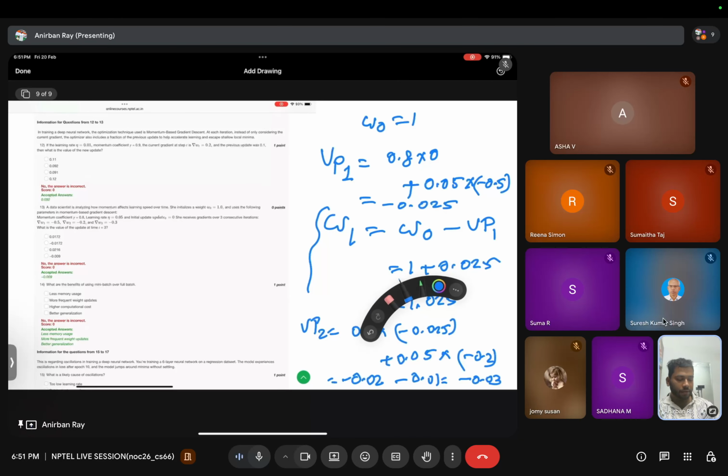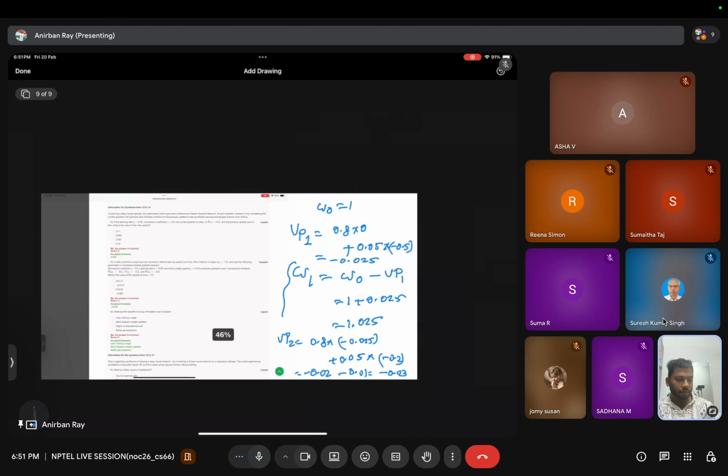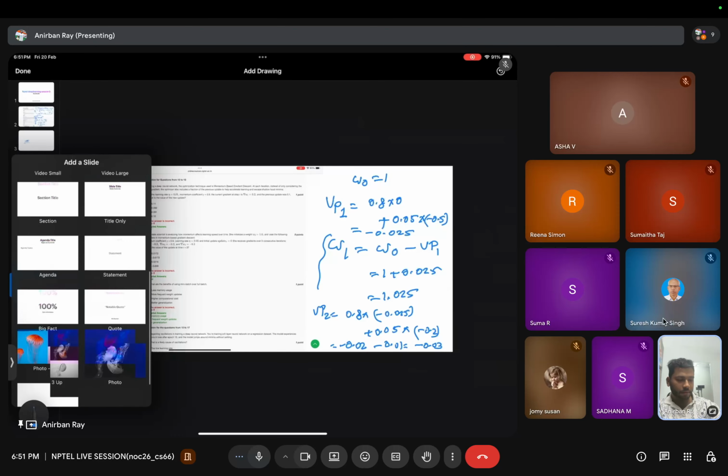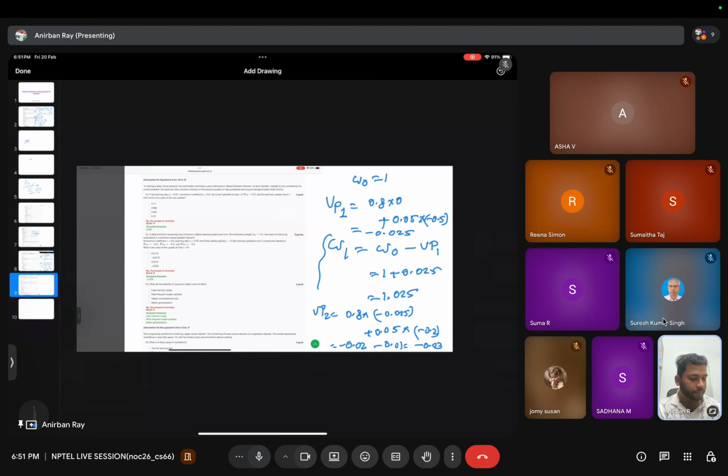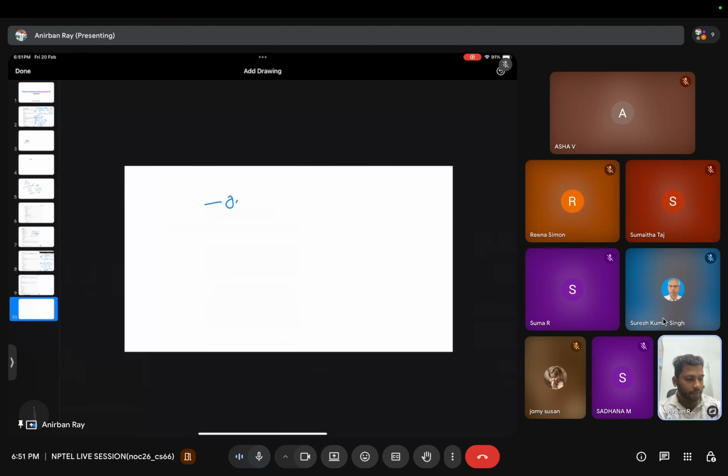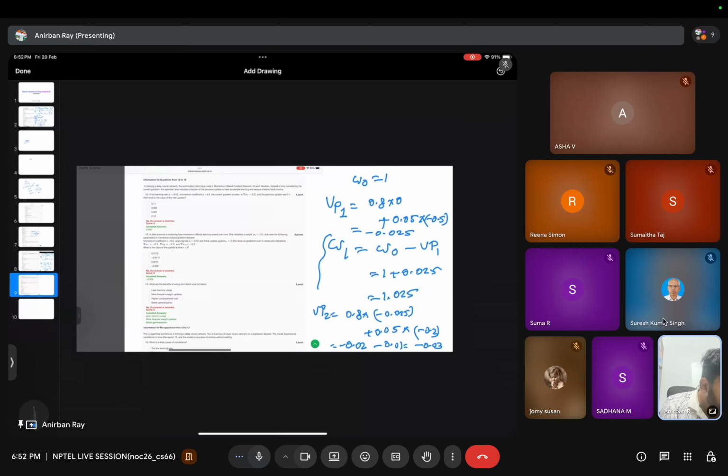Move on to the next question. So we've got minus 0.03. Again the update is minus 0.03 into 0.8 plus learning rate 0.05 into delta WT, which is given, minus 0.3.